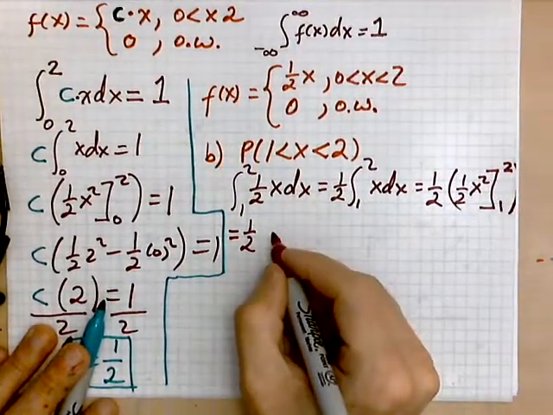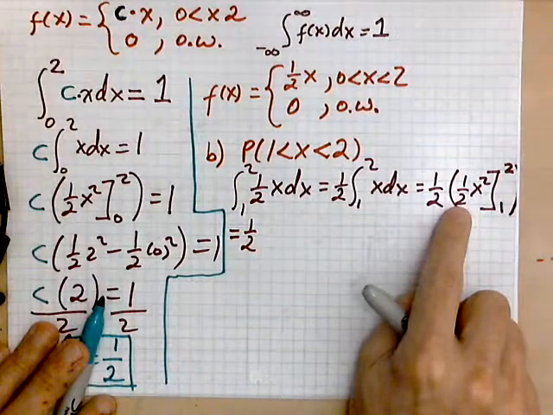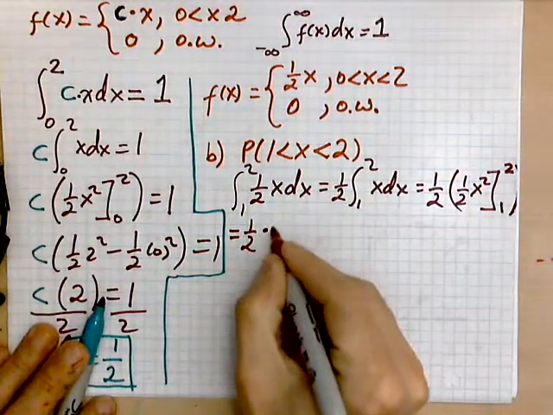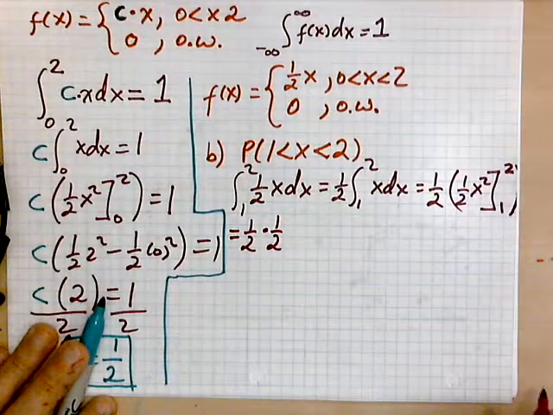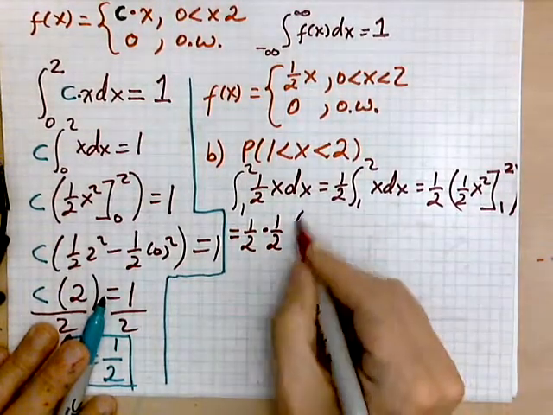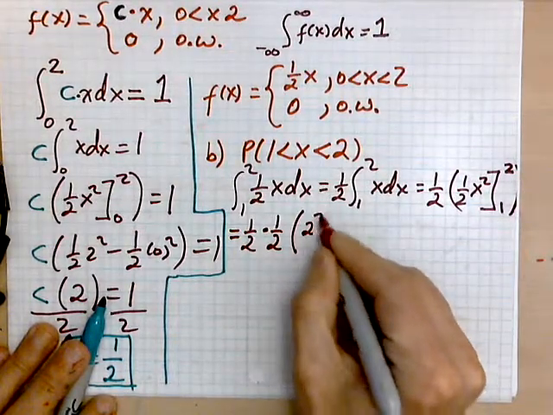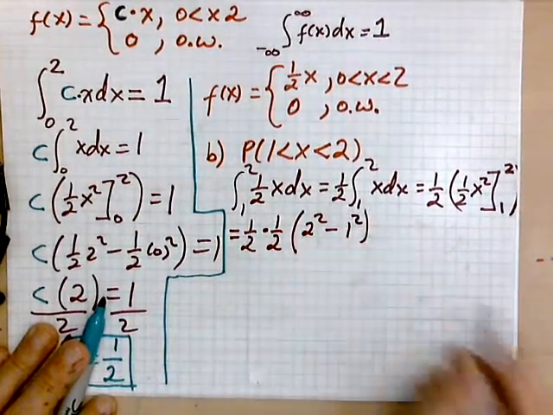1/2. And notice that the 1/2 is present here, which means you can pull that 1/2 out also. So pull it out as this, 1/2 times 1/2. Plug in the upper limit and the lower limit and subtract. So 2 squared minus 1 squared.